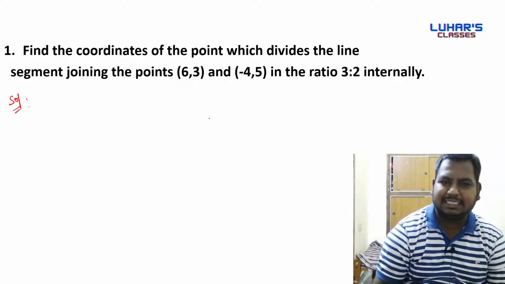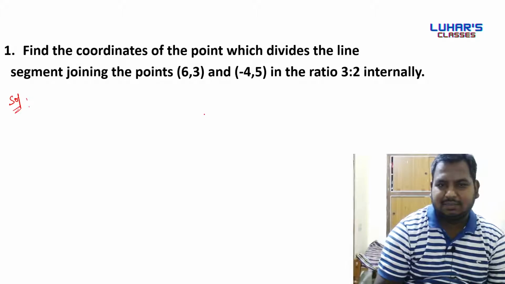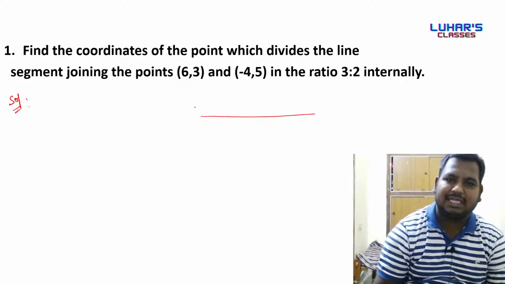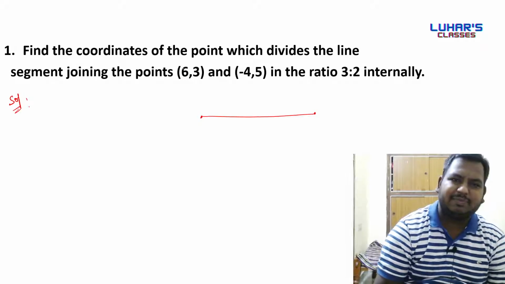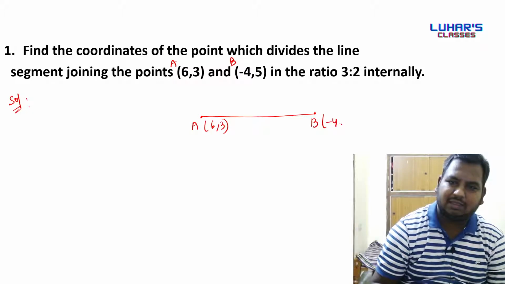So we have a line segment here. Let me draw a line segment AB. Let me assume this point as A and this point as B. So coordinates of A are 6, 3 and coordinates of B are minus 4, 5.